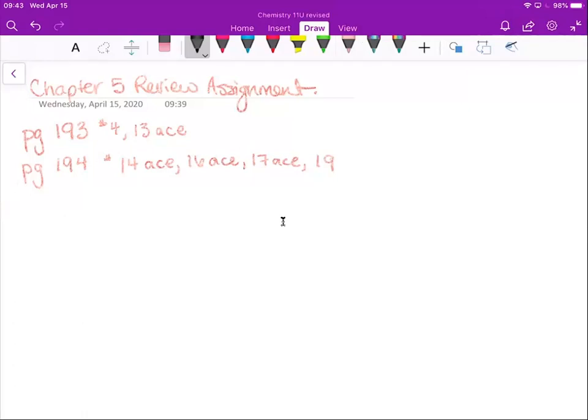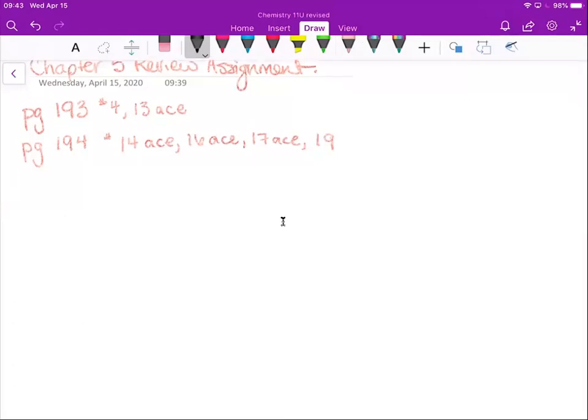Okay, so for number 4, I'm not going to go through it other than just verbally explain how the Avogadro constant, average atomic mass, and molar mass are related. So the Avogadro constant, 6.02 times 10 to the 23, is what's able to change atomic mass units, AMUs, to grams per mole.